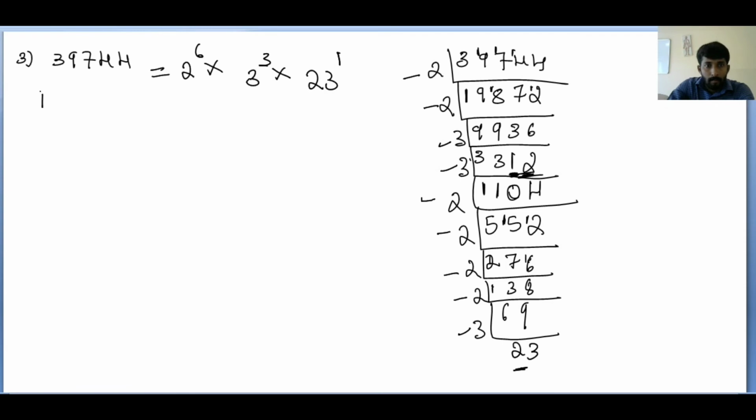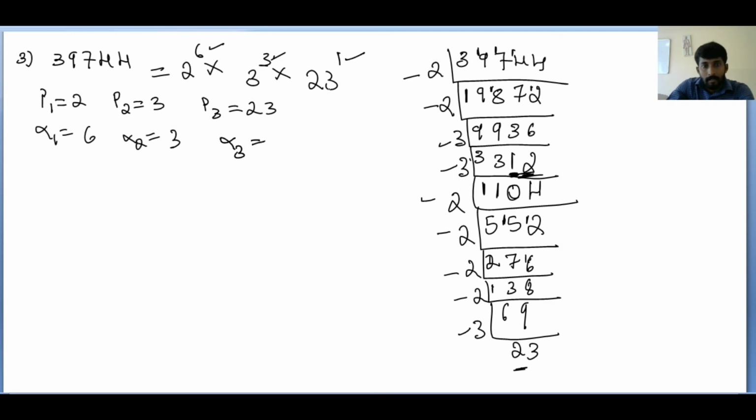Then write P1 is equal to 2, P2 is equal to 3 and P3 is equal to 23. What is alpha 1? Alpha 1 is equal to 6. What is alpha 2? Alpha 2 is equal to 3. And what is alpha 3? Alpha 3 is equal to 1.